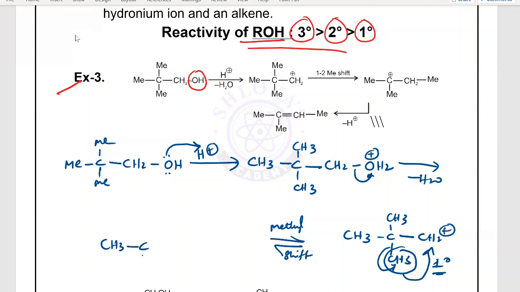CH3, C with positive charge, and CH3, CH2, and CH3. Now again, according to Saytzeff's rule, always the hydrogen should be eliminated from the carbon having fewer hydrogens. That means poor become poorer. Poor become poorer. See here. Here, how many beta hydrogens do we have?